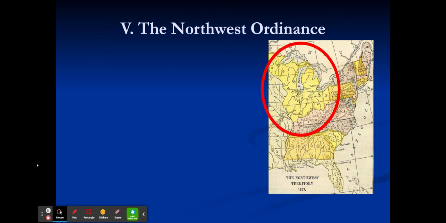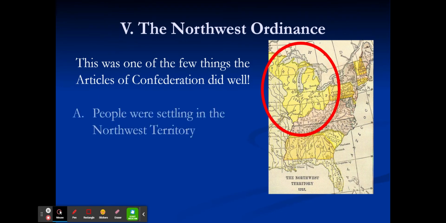In 1787, the Northwest Ordinance was passed, giving people who were settling in the Northwest Territory, which is circled in red on this map, the same rights as the people in the 13 states.